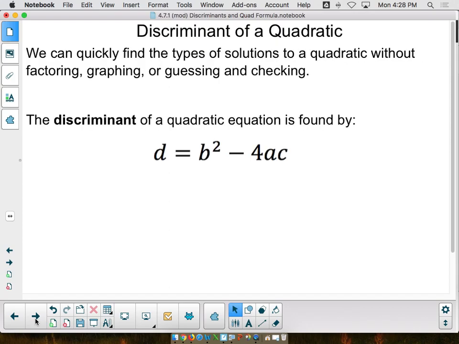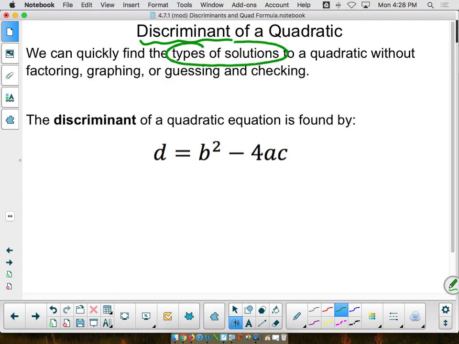The big thing today, the new piece of information, is the discriminant. What the discriminant tells us is what types of solutions we have. We talked yesterday about how all equations with x squared are going to have 2 solutions, and today we're going to see what we mean by different types of solutions.